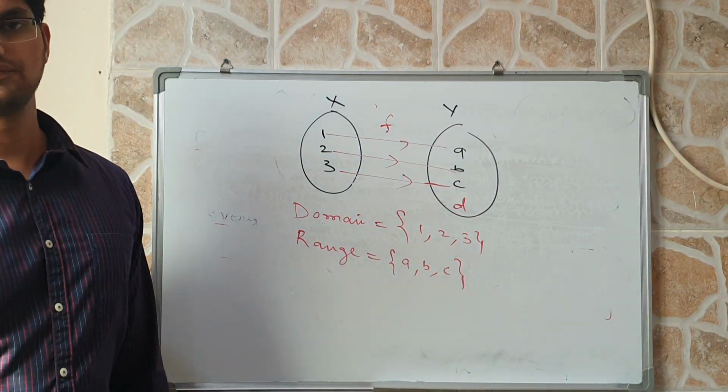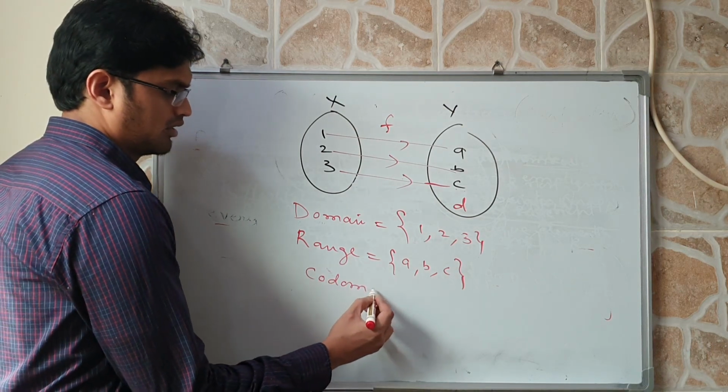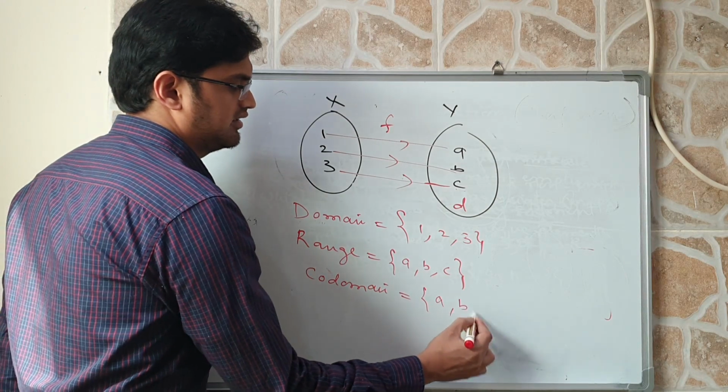And the last one is codomain. What is codomain? The second set Y: A, B, C, D.